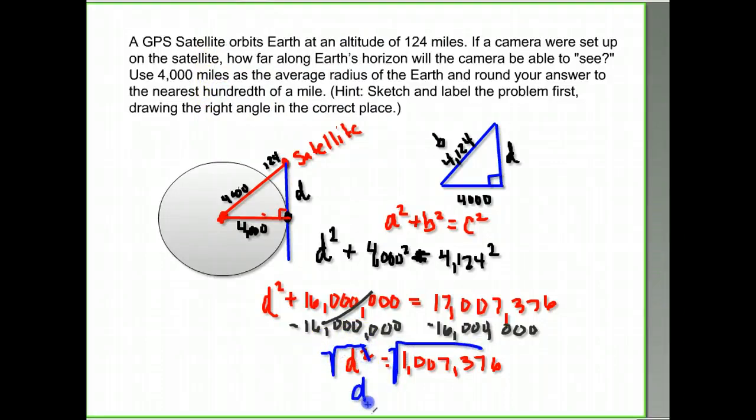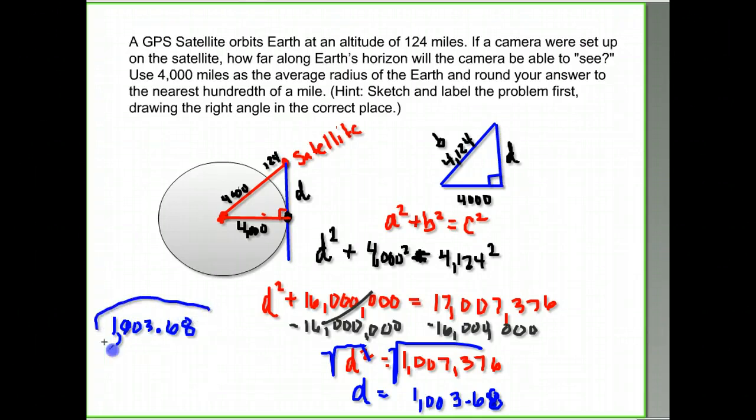So that leaves me with just d equals the square root of 1,007,376, and I get 1,003.68 approximately. Now they wanted it to the nearest hundredth of a mile, which is 2 places after the decimal, so I am good right there. 1,003.68 miles is the distance that that camera could see to the horizon of the Earth.